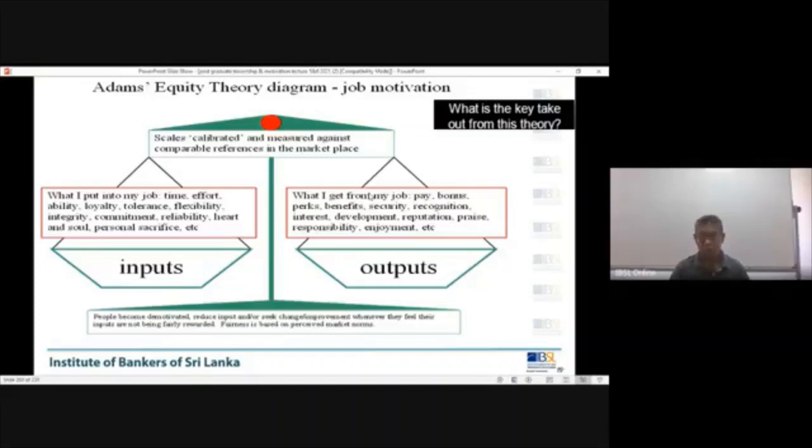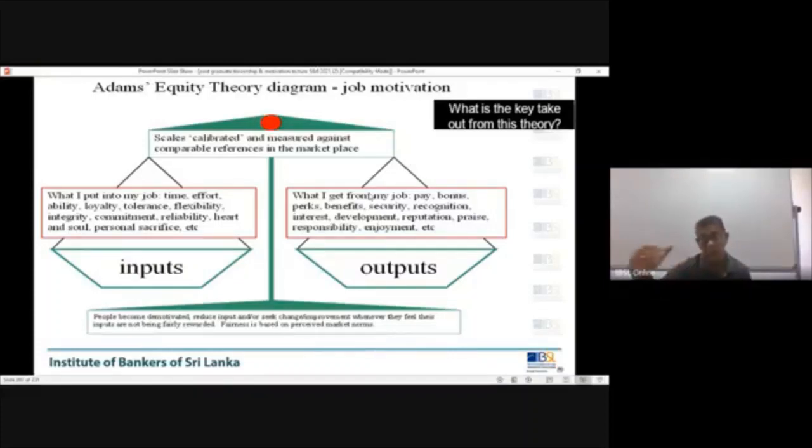You don't know, but it's a very difficult task because then you're going to compare the amount you're getting with other banks, same jobs. Now say, for example, you are working for NDB bank. What then is your input and your output, how much you're getting.